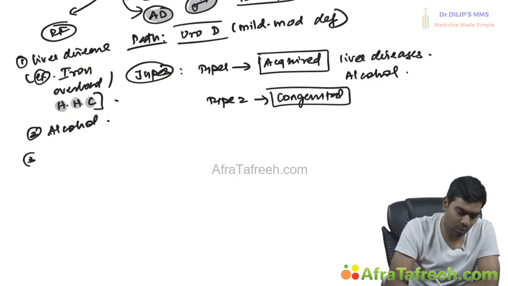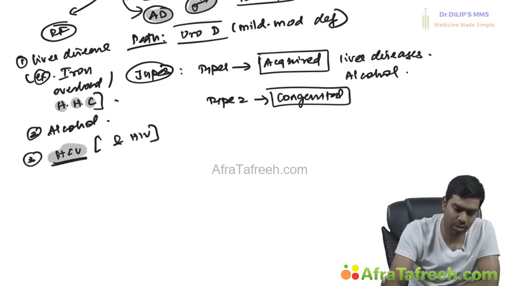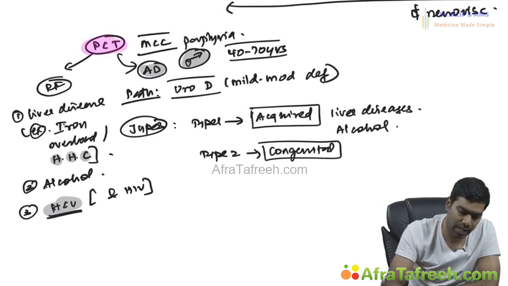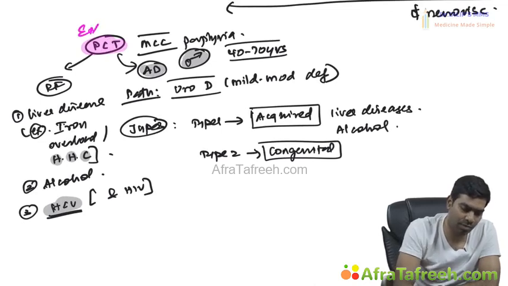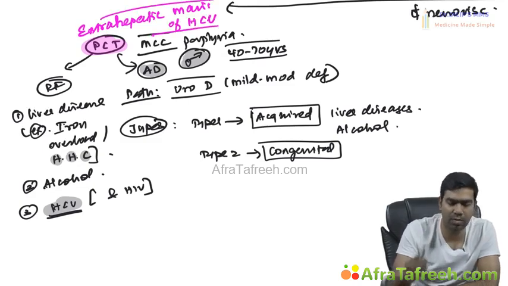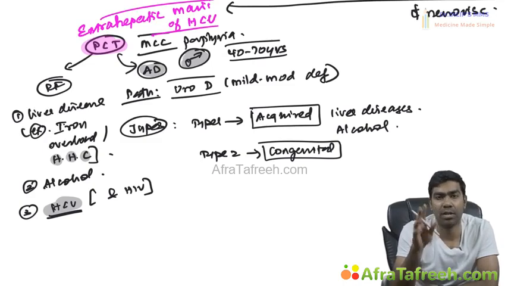Apart from that, certain viruses like hepatitis C virus; HIV is also important and you can write it, but HCV is the most important, because PCT is one of the important extrahepatic manifestations of hepatitis C virus.